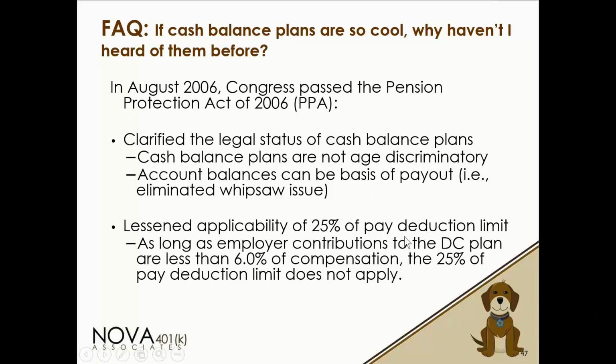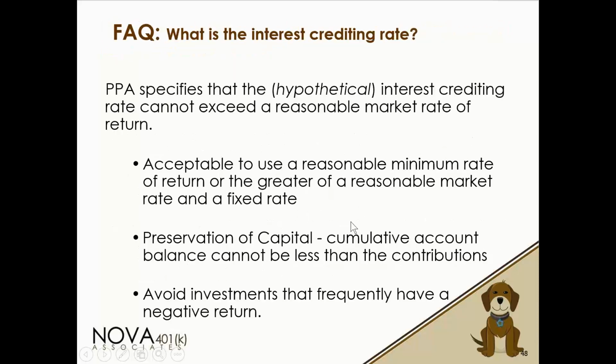This 25% pay deduction limit used to be a big sticking problem for these plans. That's been eliminated. And I mentioned earlier why we don't do safe harbor match. It's because of this whole 25% deal that can kick in if we're not able to meet non-discrimination with only 6%. So we just like to keep all of our options open.